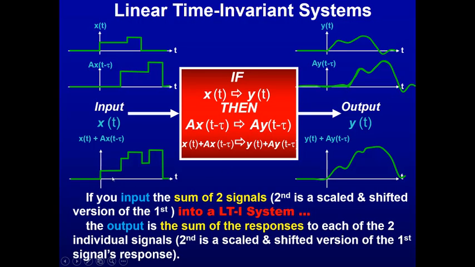And we know if we add up those two complicated inputs to create an even more complicated one, we already know, based on this former information, what the response to this more complicated one is going to be. It's going to be our original response plus a scaled and shifted version of it. And that's true. I can make those predictions because our system is linear and time invariant.